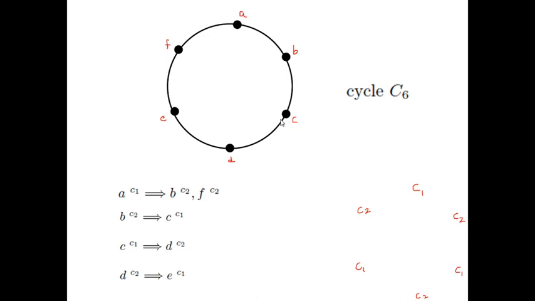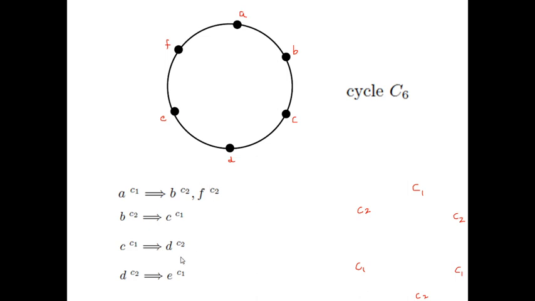Now C is adjacent to D. Already you gave the color C1 for C, so you can give D the color C2 because D is not colored before. Now D is adjacent to E. D is colored before as C2, so E you can color as C1 because E is not colored before.